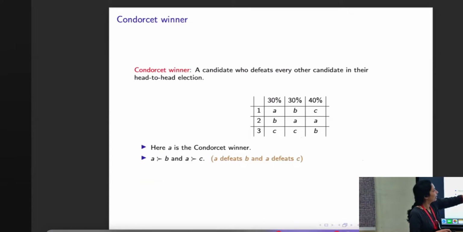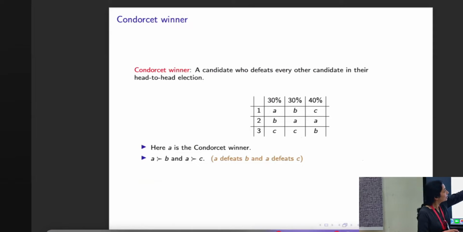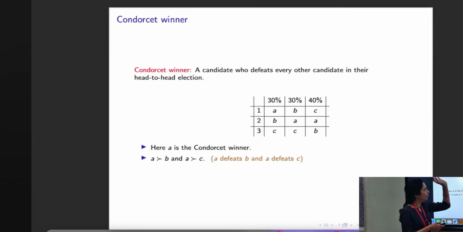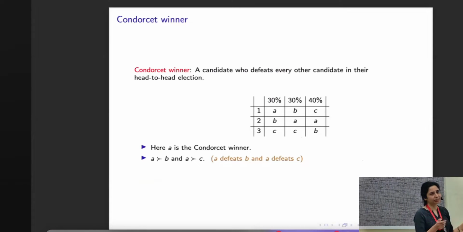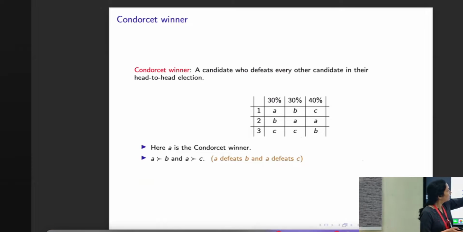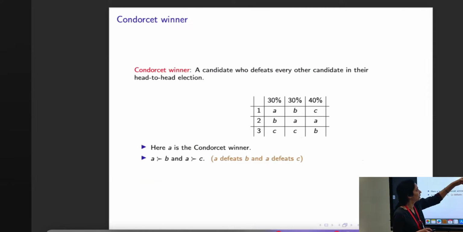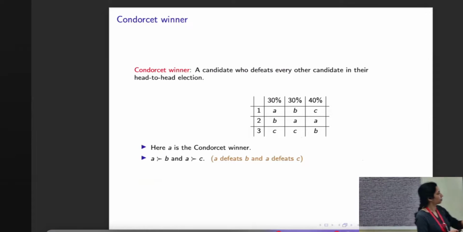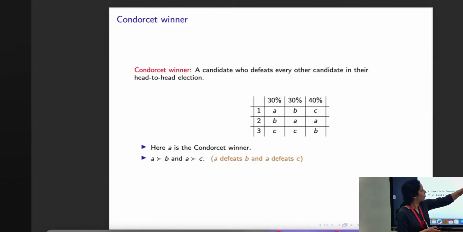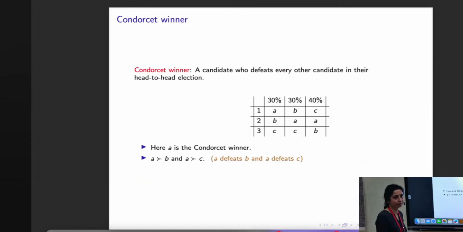Let's say there is an election between 3 candidates A, B and C. Now we are not talking about matchings, I am talking about general elections. 30% of the voting population has this preference order. For them, A is the top choice, B is the second choice, C is the third choice. For another 30% of the population, the order is this way, and for the remaining 40%, the order is this way.